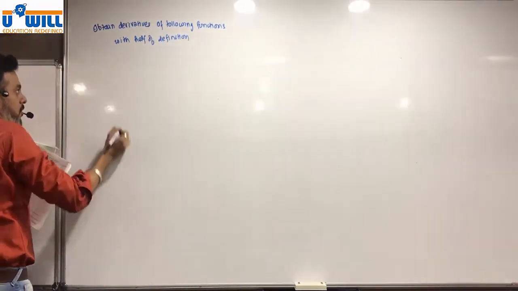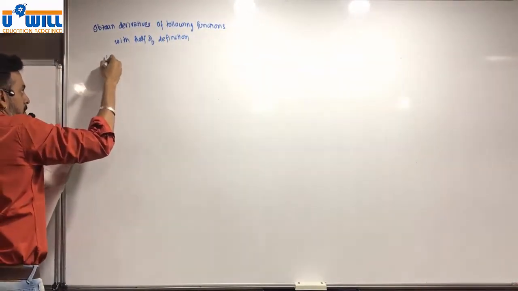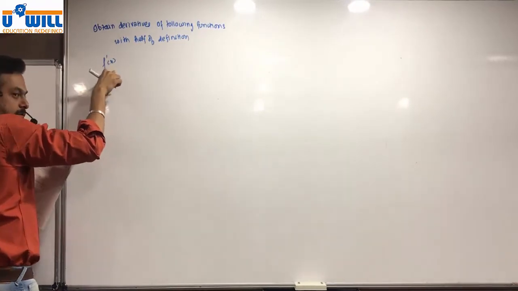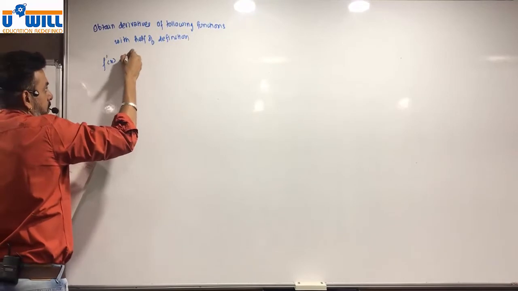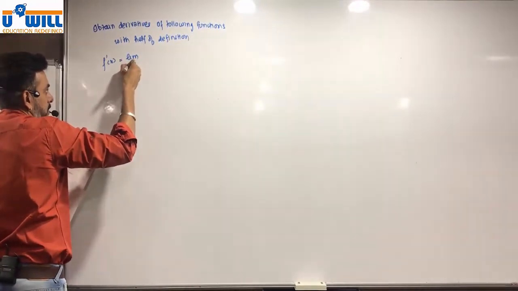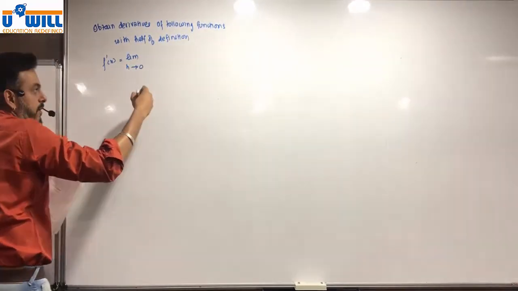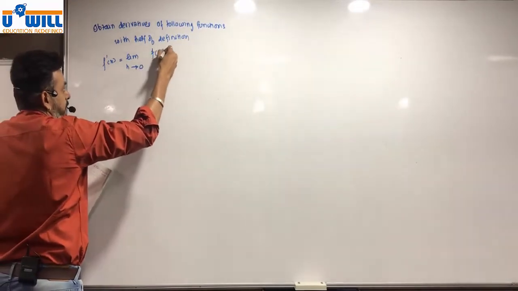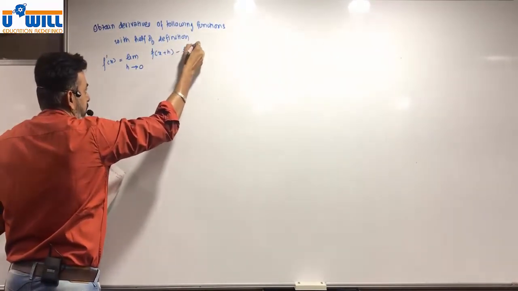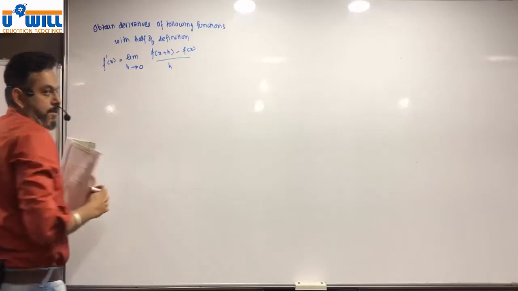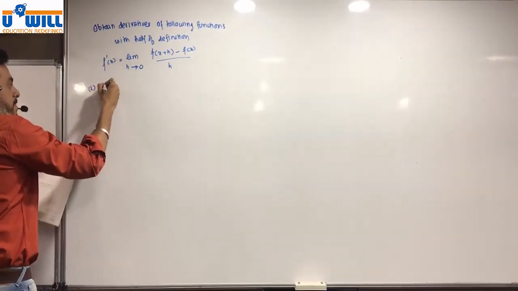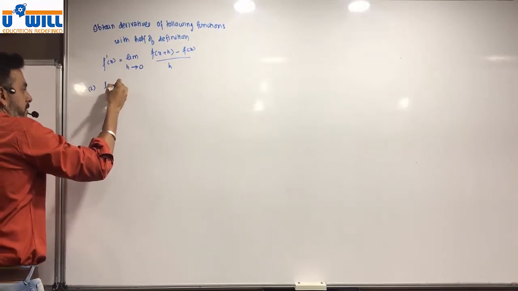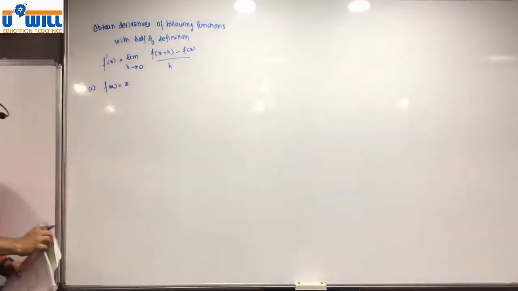I write it over here for all of you. f dash x, the derivative of function x, is equal to the limit h tends to 0, of f(x + h) minus f(x), upon h. First one, f(x) is equal to x.